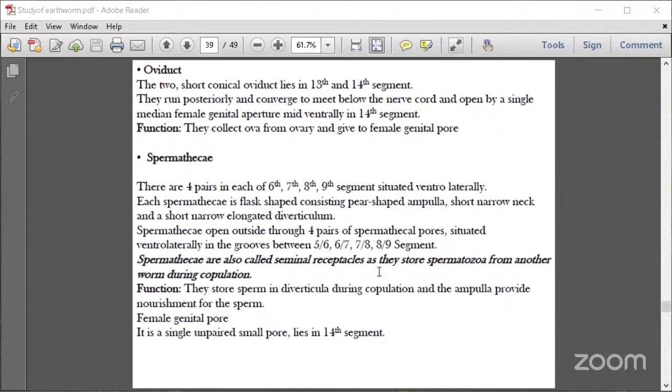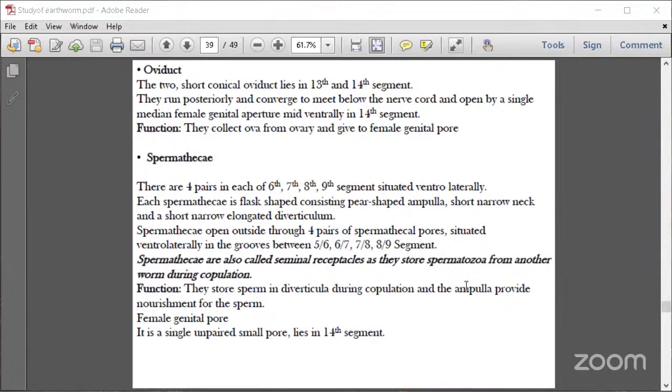Spermathecae open outside through four pairs of spermathecal pores situated ventrolaterally in the grooves between segments 5 to 6, 6 to 7, 7 to 8, and 8 to 9.